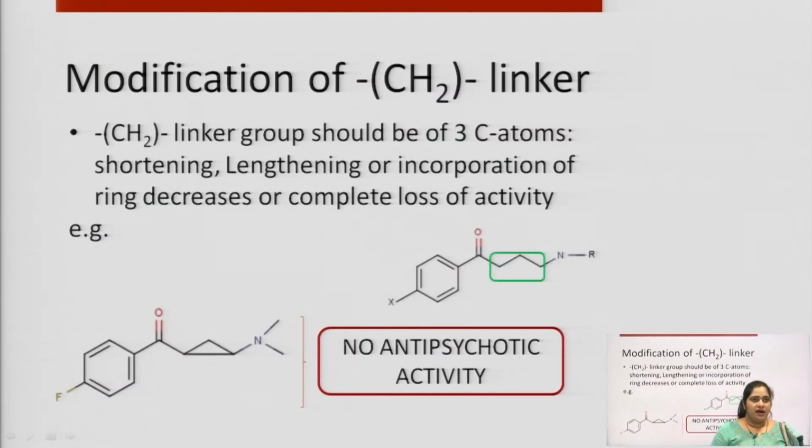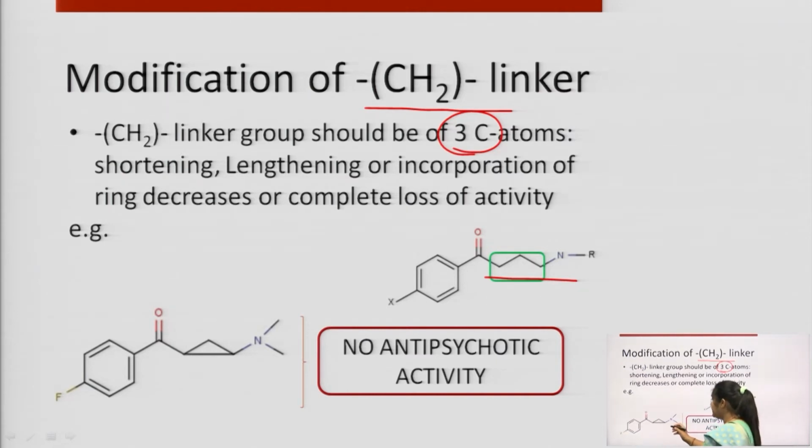Our next target is CH2. This CH2 linker group that we have studied should be at least 3 carbon atoms. Either shortening or lengthening or incorporation of any ring will decrease or sometimes completely lose activity.